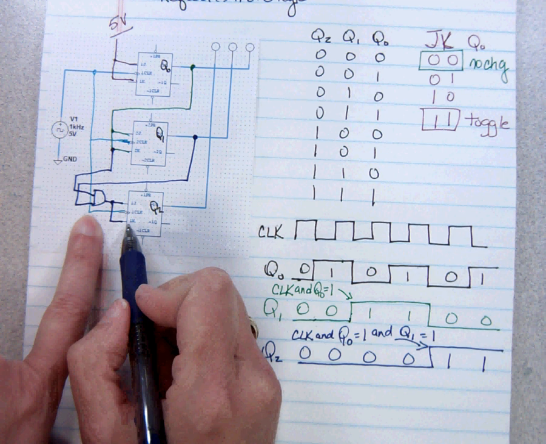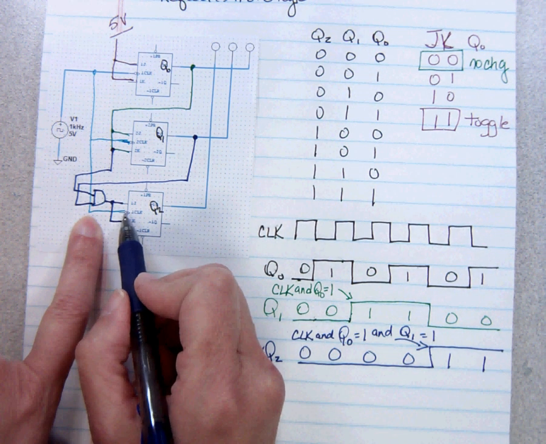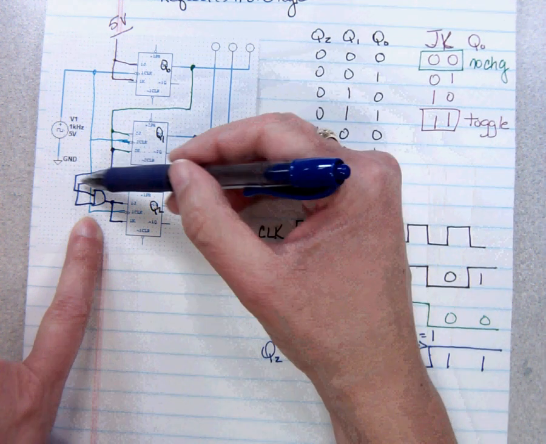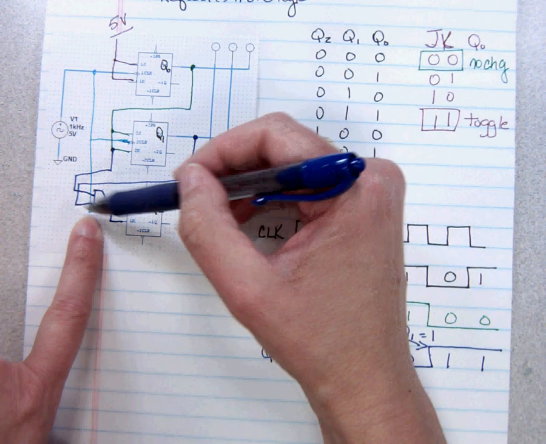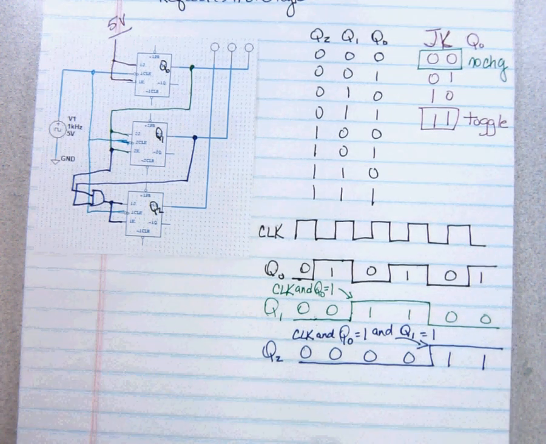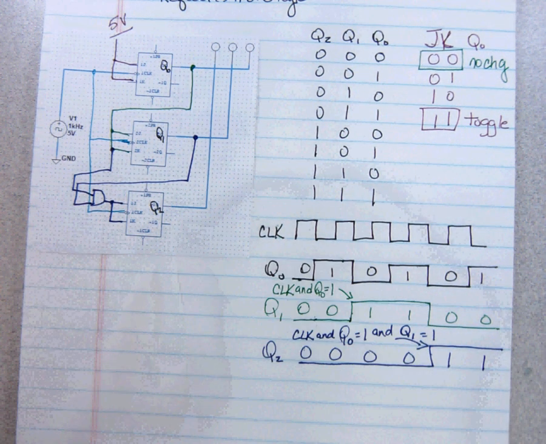Otherwise, these will be at 0, nothing will happen. So I have to have my clock, falling edge, and I have to have Q0 as 1 and Q1 as 1 to get my output to change for Q2. So that's how I'm going to create my up counter.